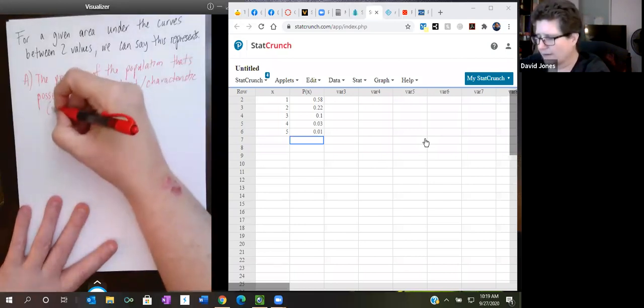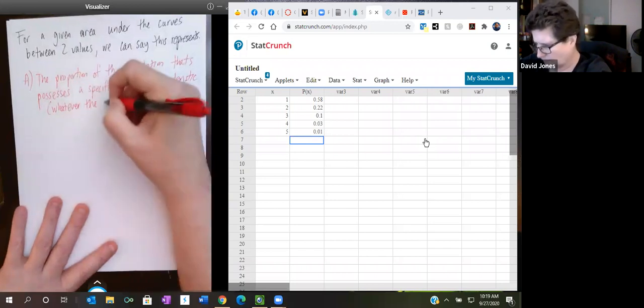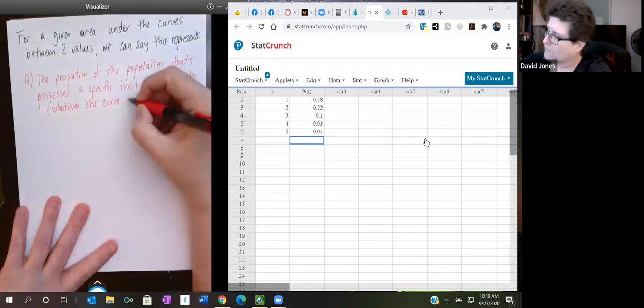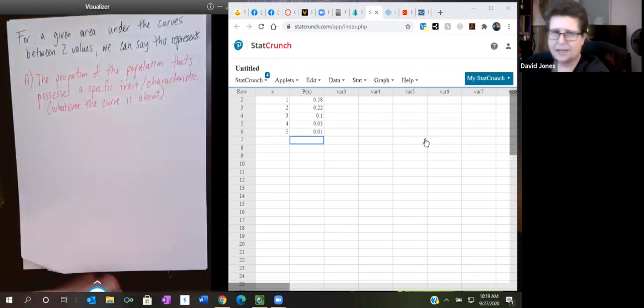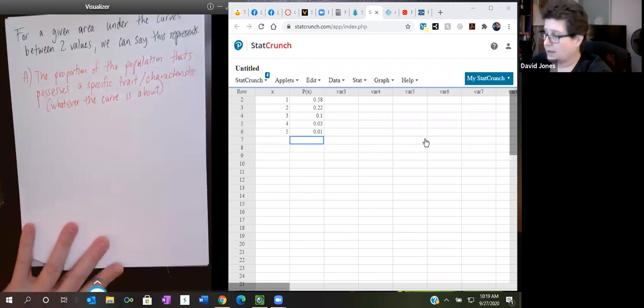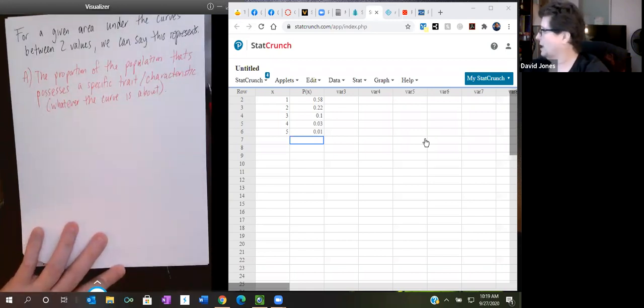It's really whatever the curve is about. Like if it's an IQ curve, it doesn't tell us anything about the weight, it tells us about the intelligence. So it's the proportion of the population that possesses a specific trait or characteristic, the one in question.